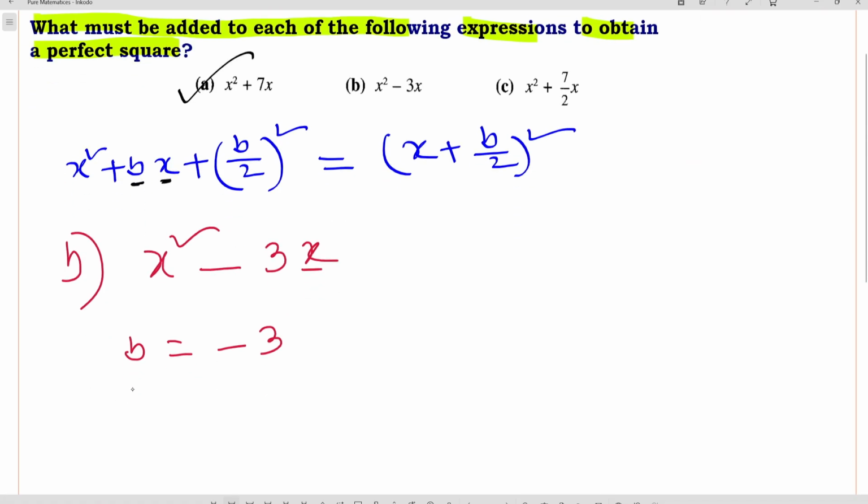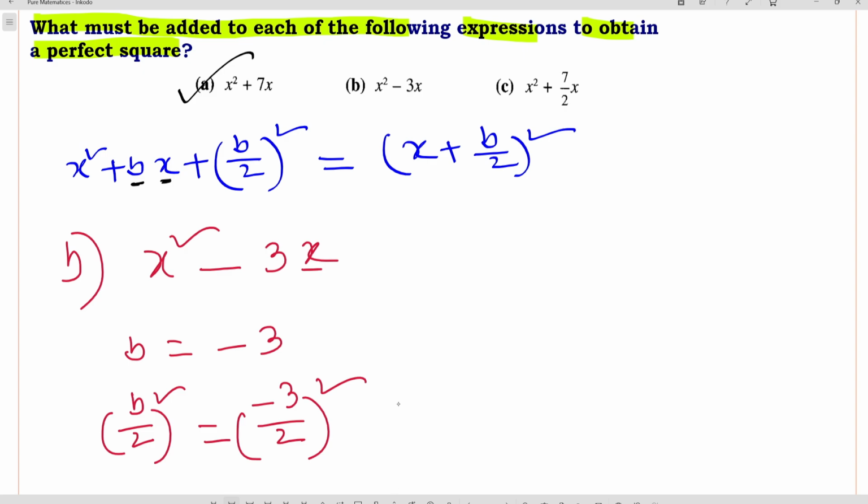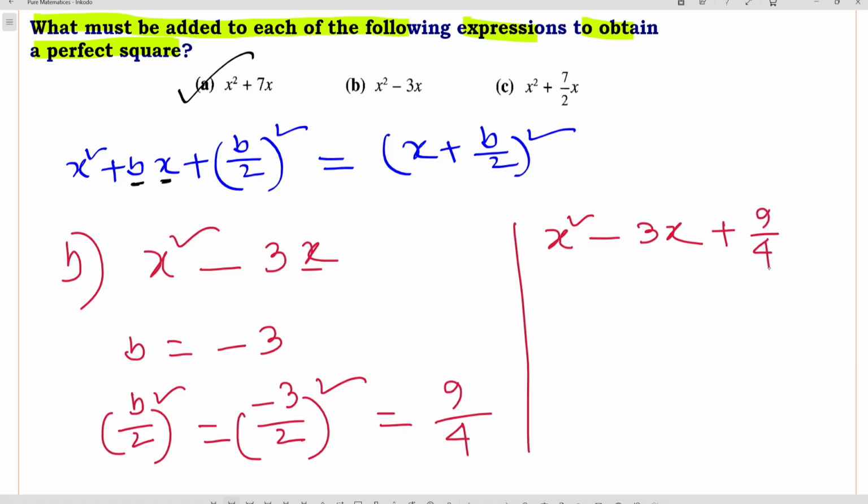It means we can write (b by 2) square, so it will be (minus 3 by 2) square, so it will be 9 by 4. So our target, what we must add. So we can write here x square minus 3x and then plus (minus 3 by 2) square, it means 9 by 4.